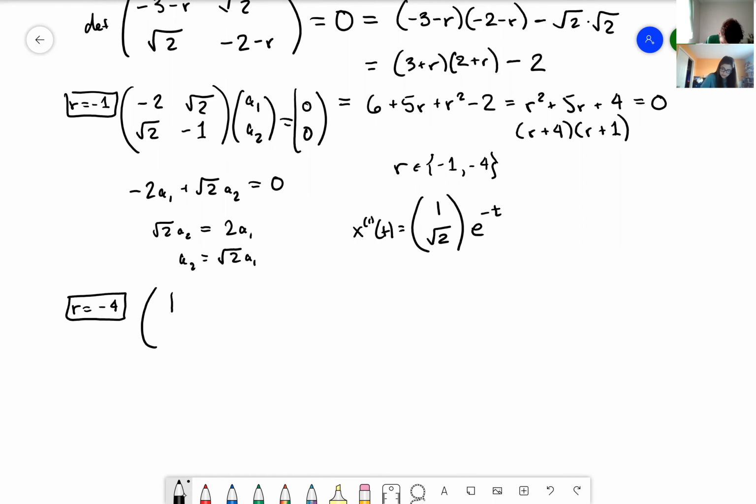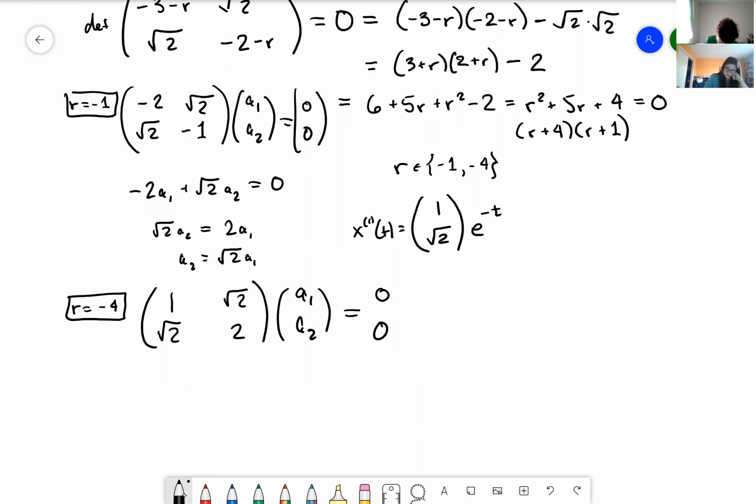So this is 1 square root of 2, square root of 2, 2. A1, A2 equal to 0, 0.